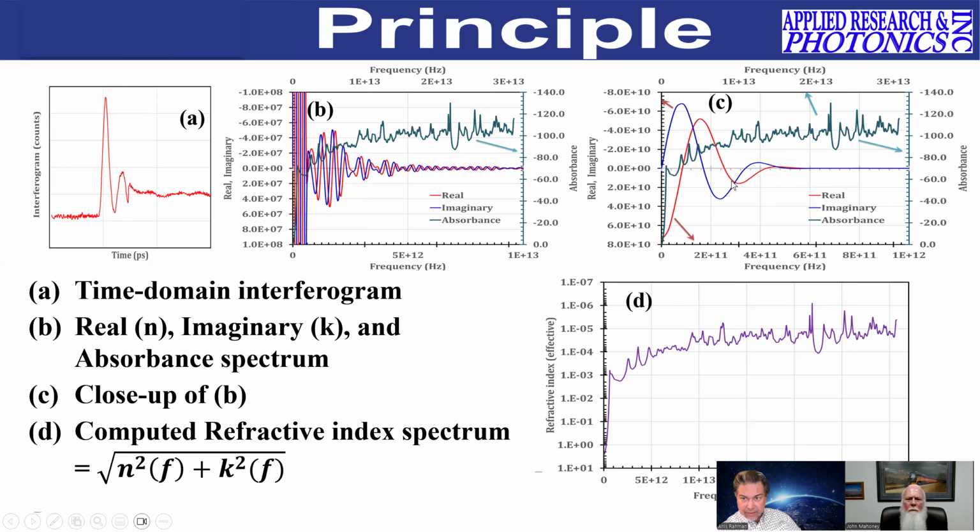The red one is the real part, the blue one is the imaginary part. They are 90 degrees out of phase, as you can see. And what looks like a straight line over here actually has a lot of features in it. So from these two, we have calculated the absorbance, and here we have calculated the refractive index.